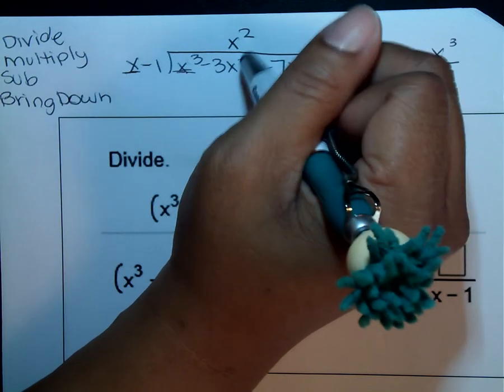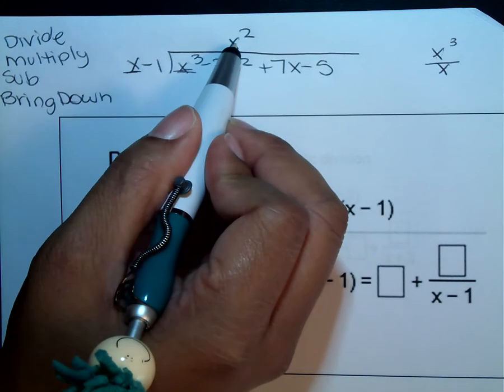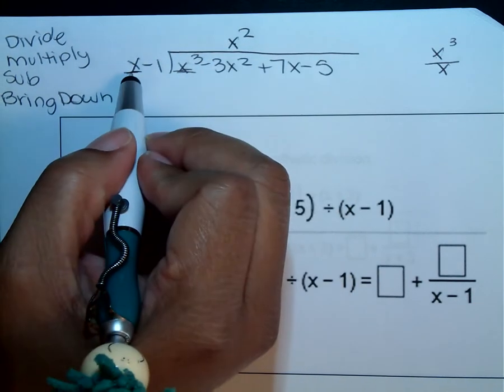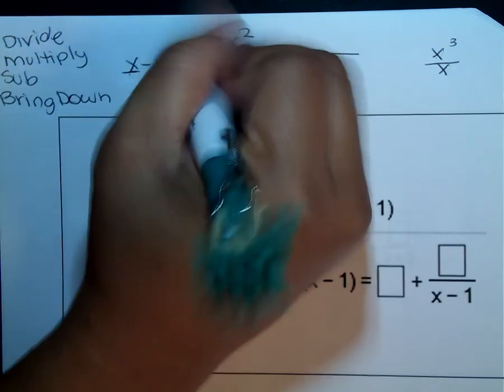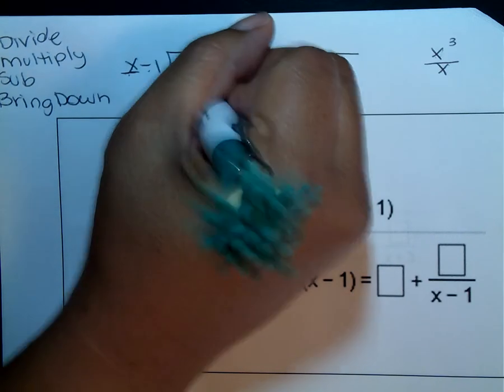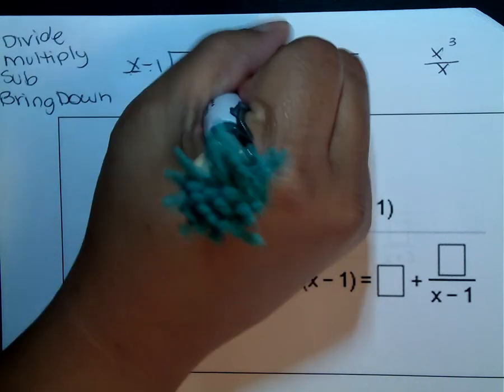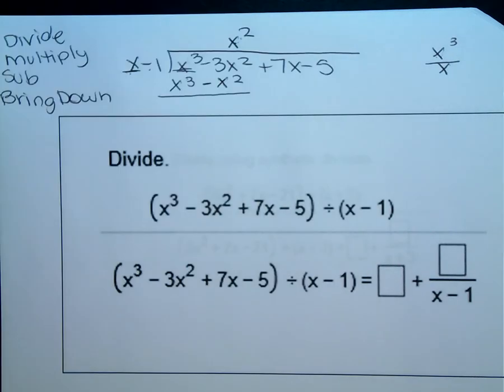Okay, so I divided, now I have to multiply. I multiply my x squared times my x, and my x squared times my minus 1. x squared times x is x cubed, and x squared times minus 1 is a minus x squared. My next step is to subtract.